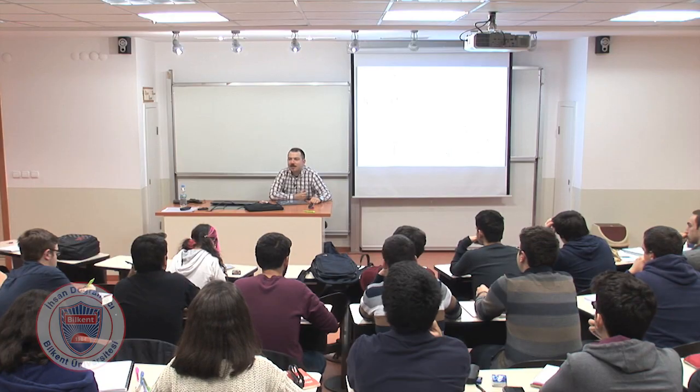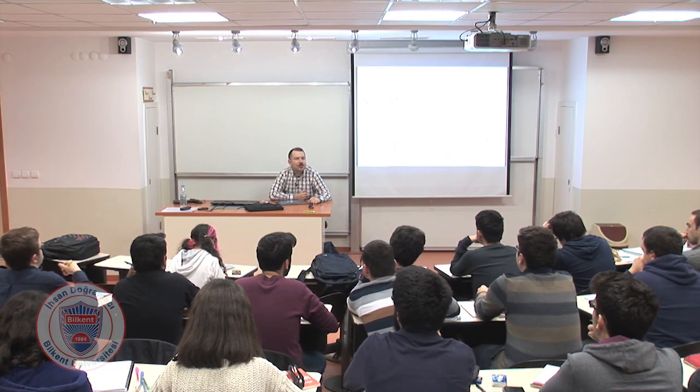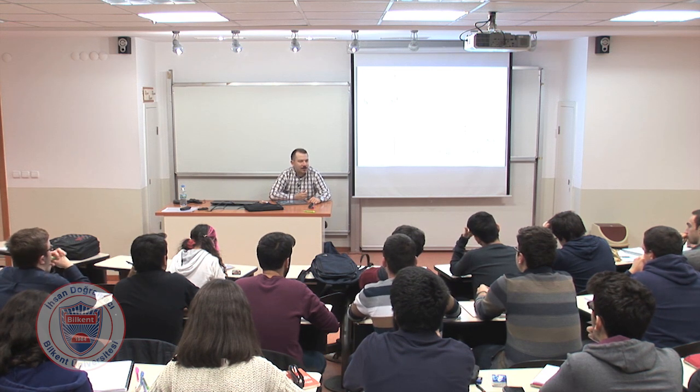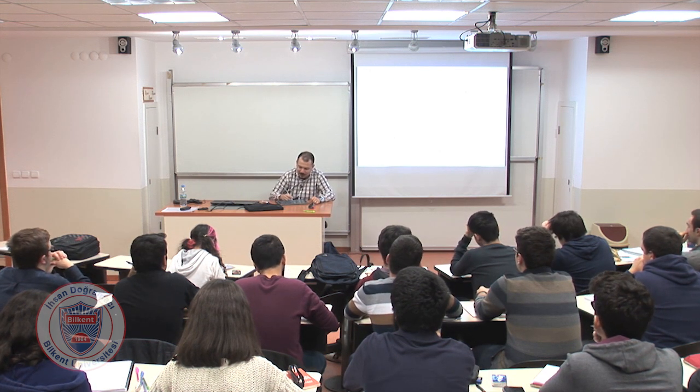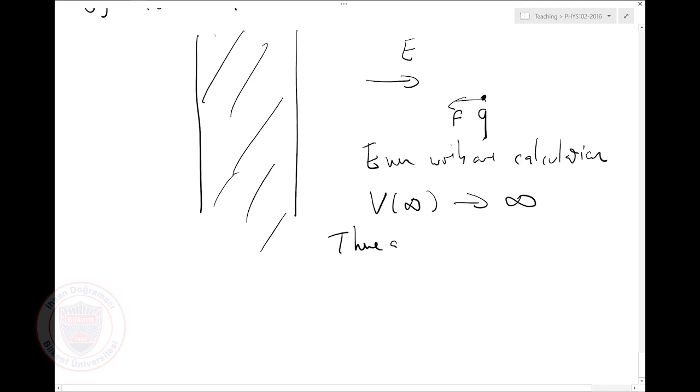I had an infinite plane, so I actually put a lot of charges at infinity, which means I cannot blindly take the potential at infinity to be 0. So here's what I'll do. I'll choose the most symmetric point.